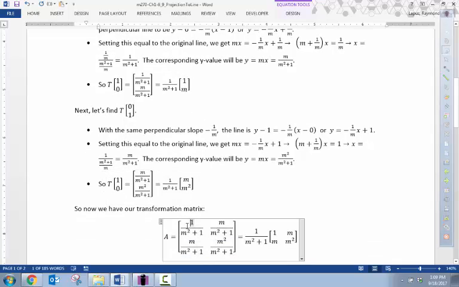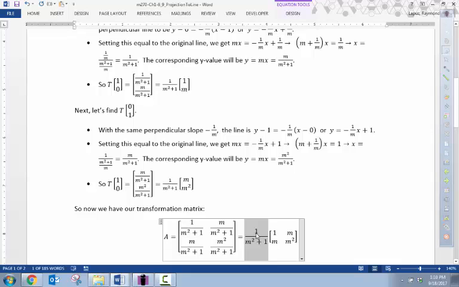So putting my first column and my second column together and creating my matrix is going to be this. It looks really complicated, but there's an m squared plus 1 in the denominator of each of those. So why don't I just factor that out, and then I really just have 1, m, m, and m squared as my matrix, and then divide by m squared plus 1.